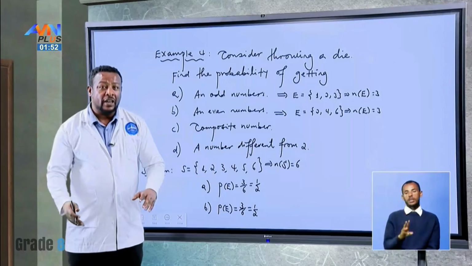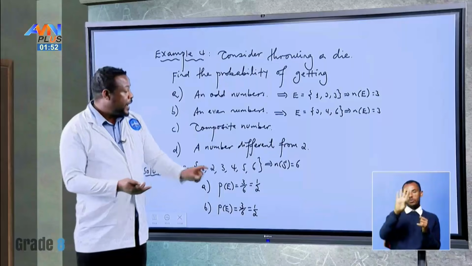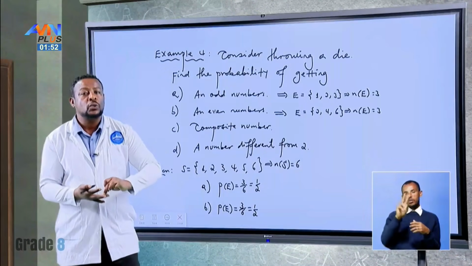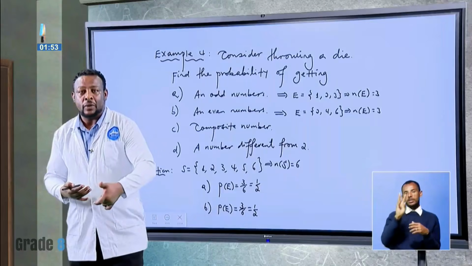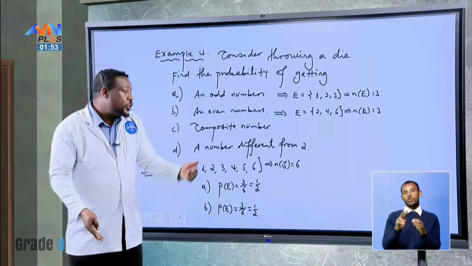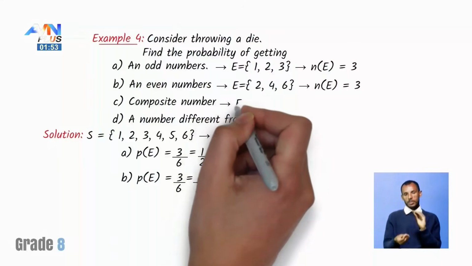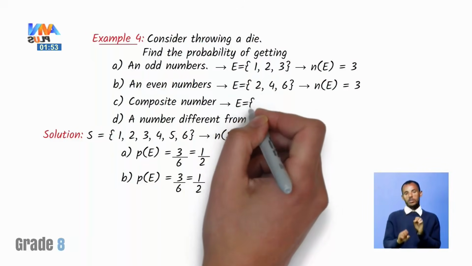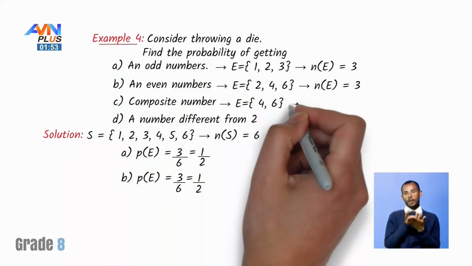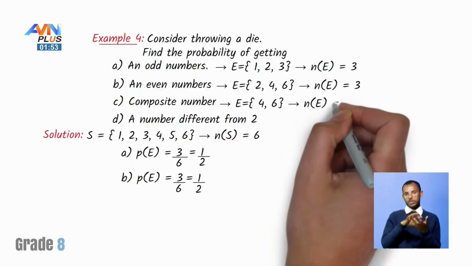As you can check, 4 has 3 factors, 1, 2, and 4 itself, and 6 has 4 factors, 1, 2, 3, and 6. So these two numbers have more than 2 factors. So the events are 4 and 6. How many elements do we have here? The cardinal number of this set is 2.